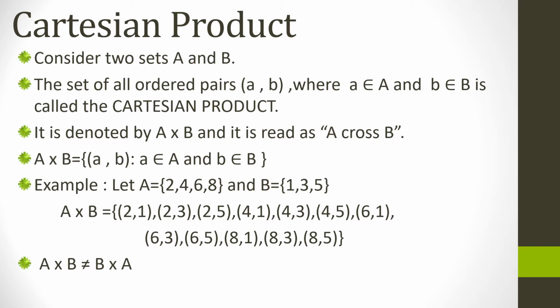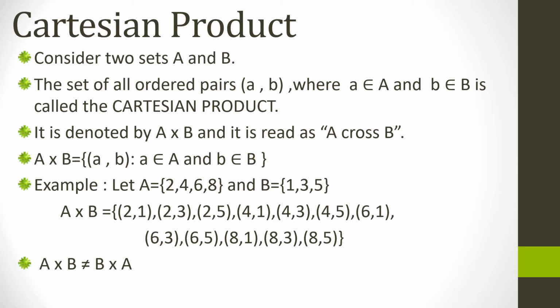It is denoted by A cross B, and it is read as A cross B. A cross B is equal to curly bracket (a, b) such that a belongs to capital A and b belongs to capital B. In this way, we represent the Cartesian product.